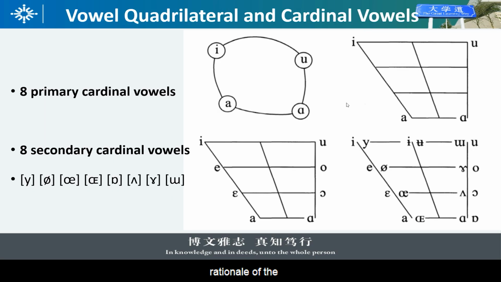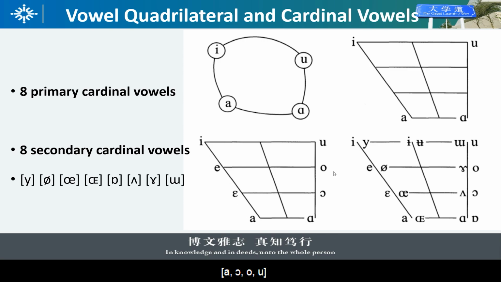Here's the rationale of the process: we locate the very essential, the cardinal vowels, and learn others. There are actually 8 primary cardinal vowels shown on this illustration.